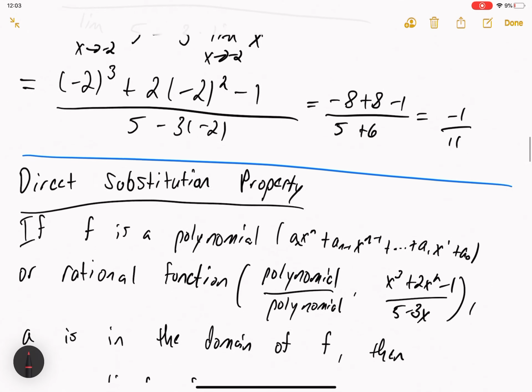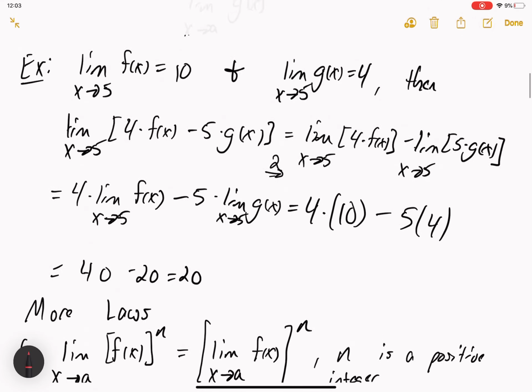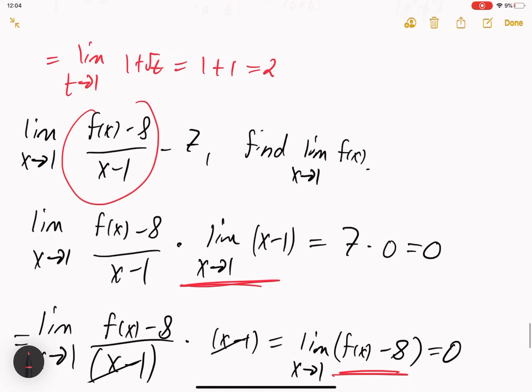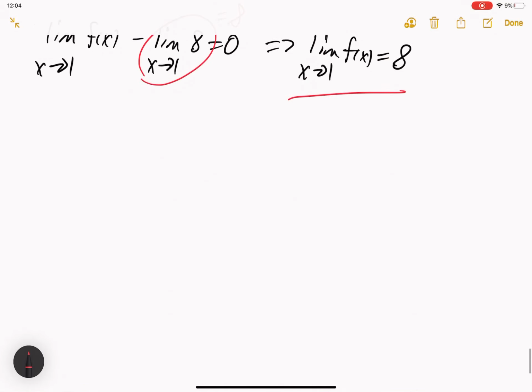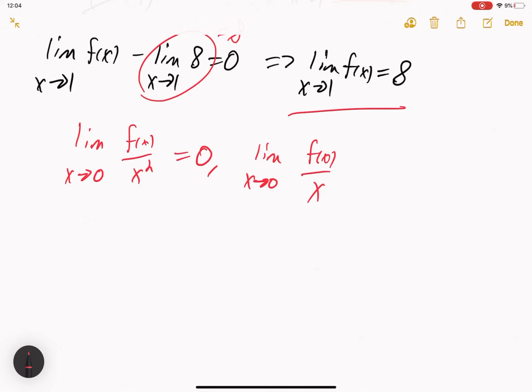I tried to look through the tricks that you guys had to use for this, just in case there wasn't anything too obvious. There was another problem I saw in the homework: the limit as x goes to 0 of f(x) divided by x squared is equal to 0, and they wanted to find the limit as x goes to 0 of f(x) divided by x.